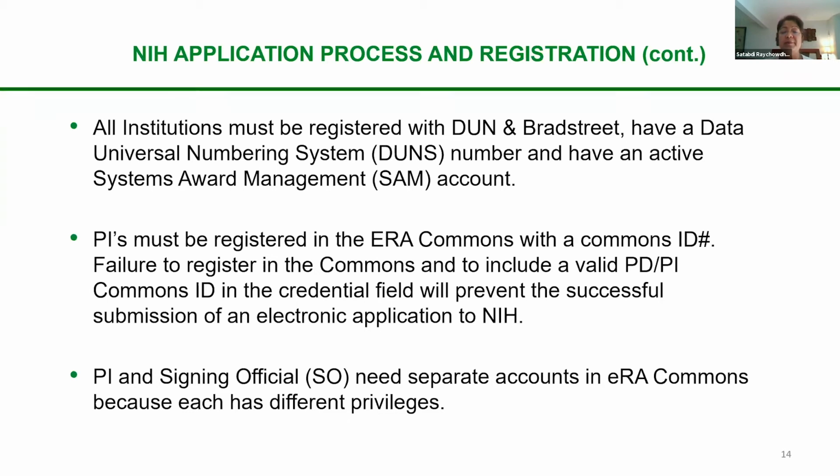So the PIs need to register in eRA Commons, and also the signing official at the institution needs a registration in eRA Commons, because both of them will have different privileges for checks and balances. Once you have the SAM and DUNS registration done, the PI will be able to register in eRA Commons, and the SO at your institution also will need to register in eRA Commons.